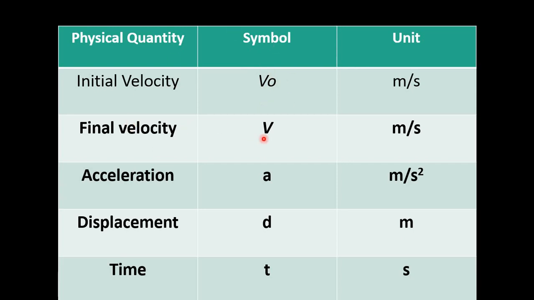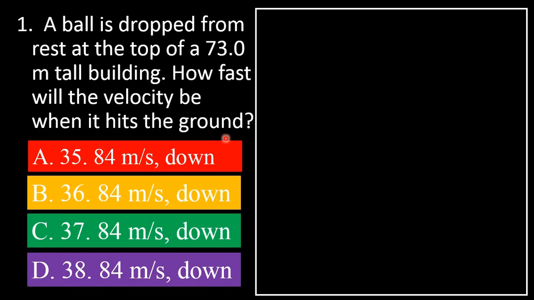In some references, the final velocity is Vf, but in your book, it's letter V. And for the acceleration, in your book it's a, but in other references, it's g. So for uniformity, we will use these symbols. We will follow your book. Understood?